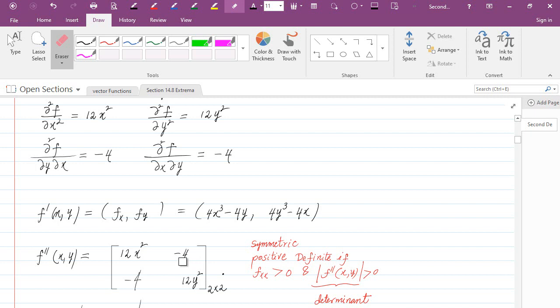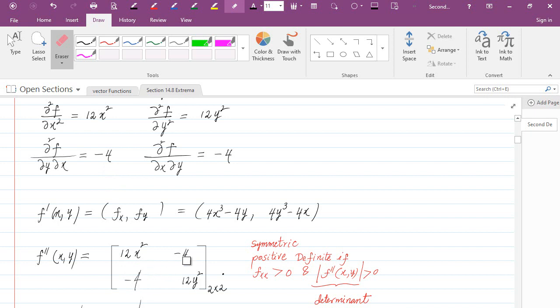The 1 2 entry would be negative 4, and the 2 1 entry would be this one right here.